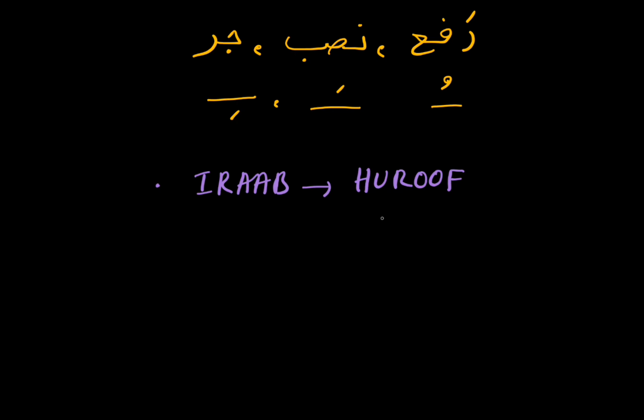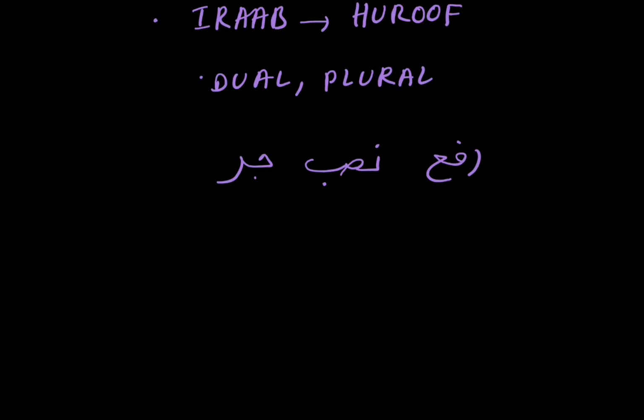Now coming to i'rab of a noun identified by huruf, particularly in the dual nouns as well as the plural nouns. If we talk about dual nouns, in the rafa state they can be identified with the ending alif noon with a kasra, in the nasab state by ya noon with a kasra, and similarly in the jar state by ya noon with a kasra.